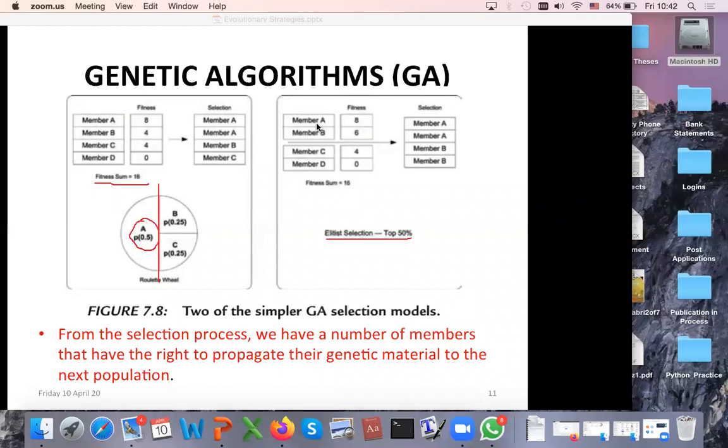You have 2 members. Actually, in this example, we are selecting 4 members, not 2 members. So when we were here, we had to select 4 members, and all those 4 members will be like this. And here again, you have to select 4 members, but you already selected 2 members, A and B, by using this 50% proportion, which is the elitist selection method.